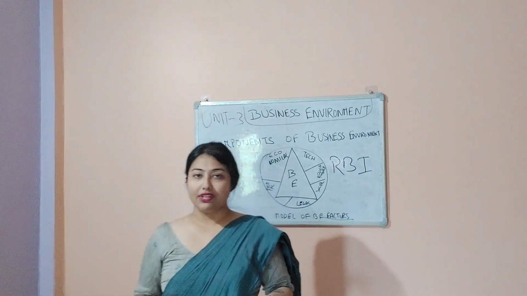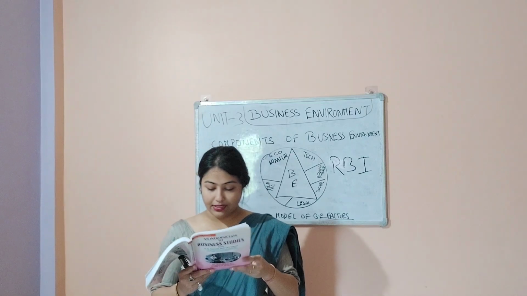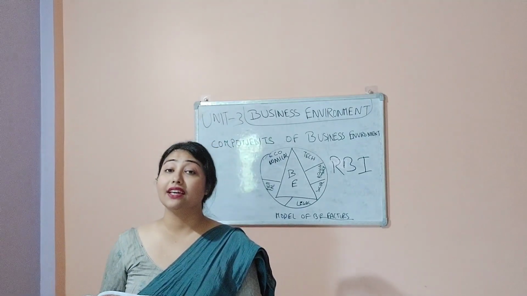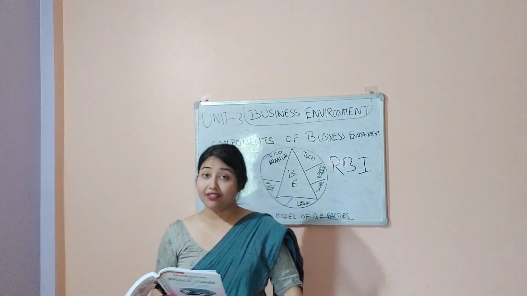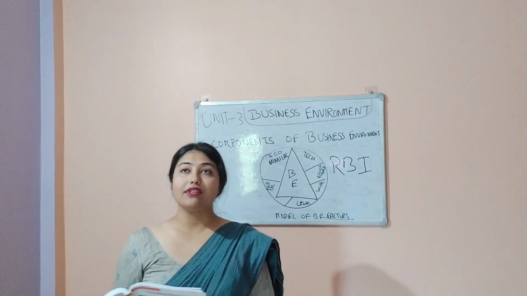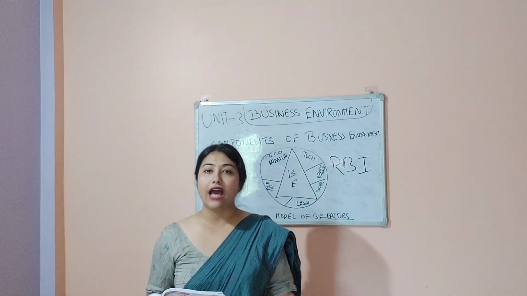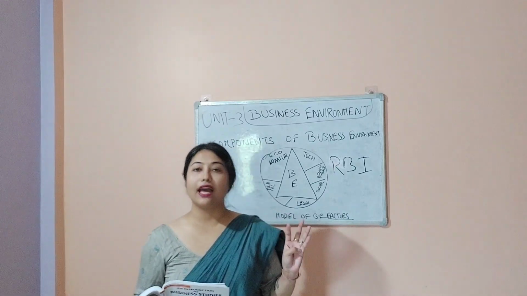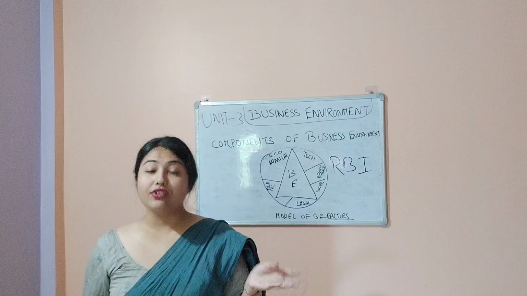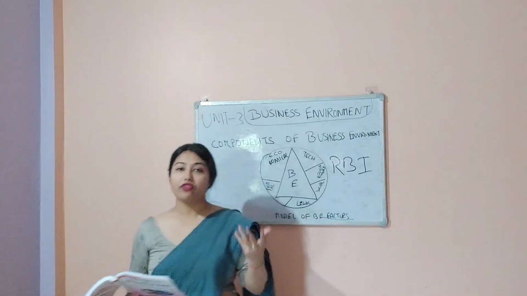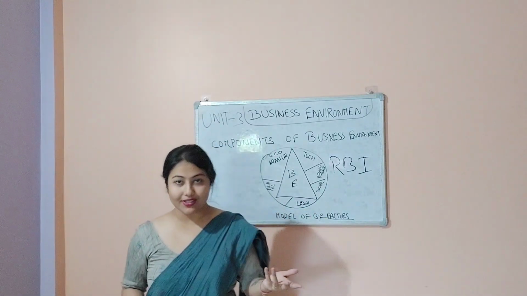And then what comes under the legal environment? The Factories Act, labor law, no overtime, 8 hours is the working time, right? And then the factory law also says hygiene, health insurance, and then PF, provident fund, you have to provide to the employees.